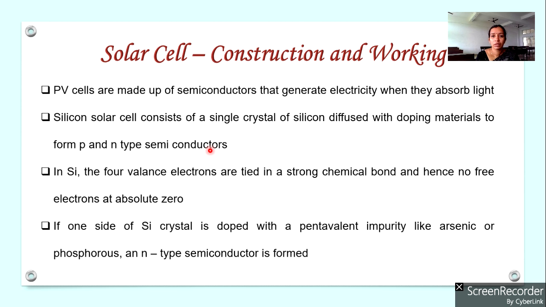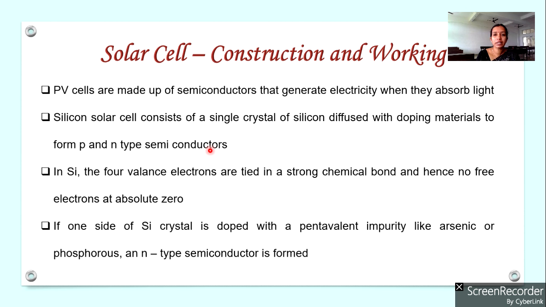We know a solar cell or a photovoltaic cell is basically a p-n junction diode. So we need a p-type semiconductor and an n-type semiconductor, and we have to make a p-n junction using these two semiconductors. A single crystal of silicon is taken and converted to a p-type semiconductor and n-type semiconductor by doping it with suitable doping elements.